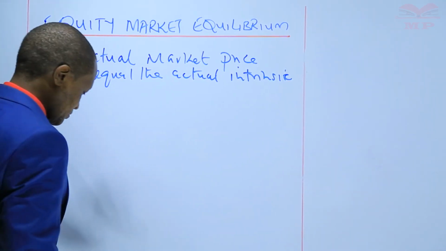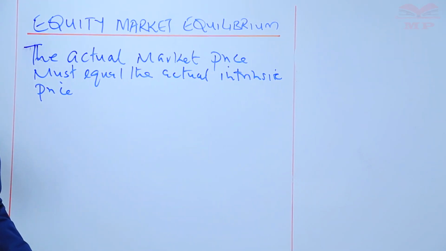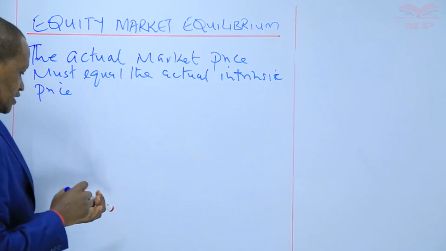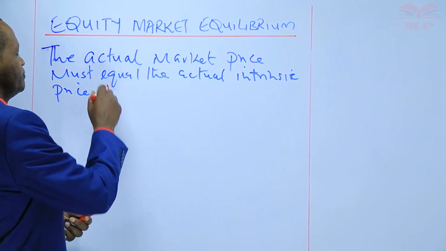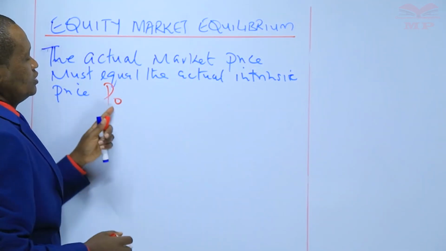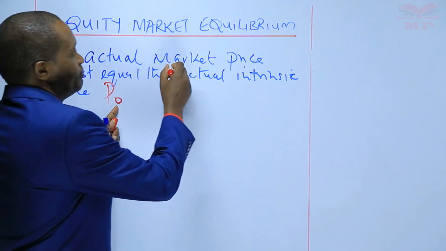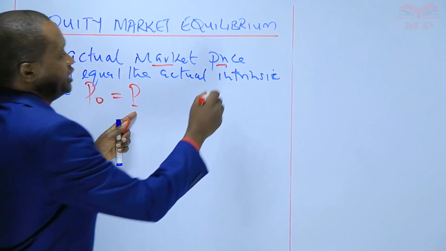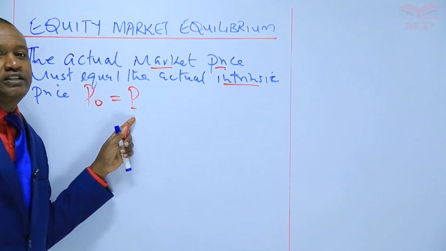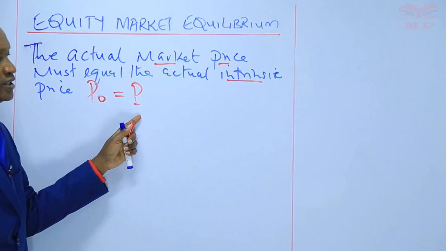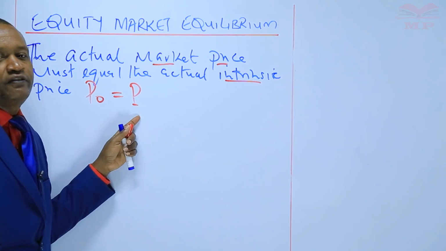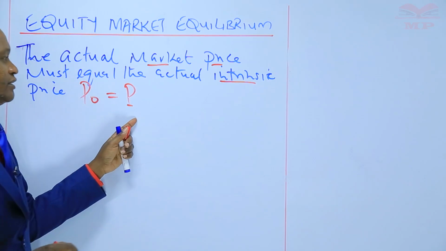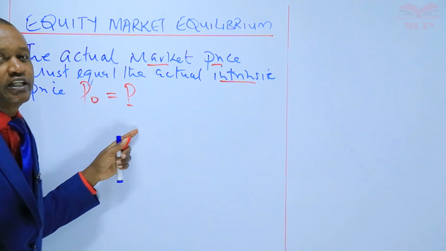In other words, P naught, which stands for the market price, should be equal to P, which stands for the intrinsic price.